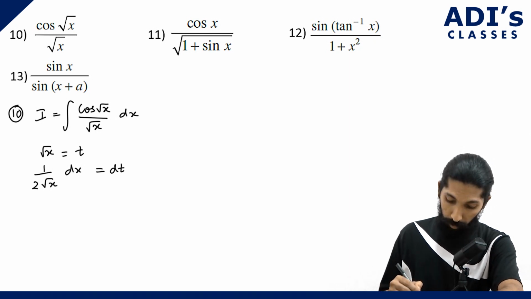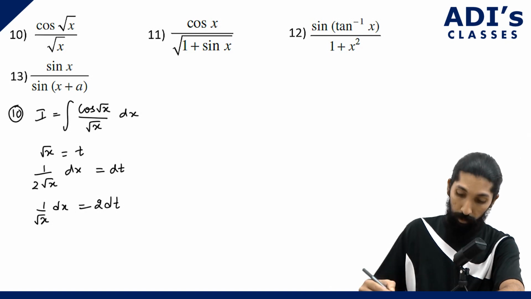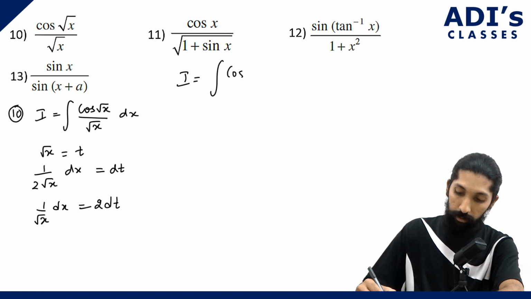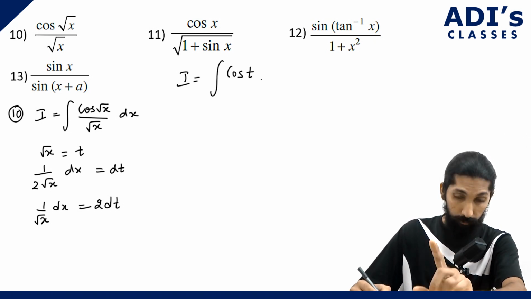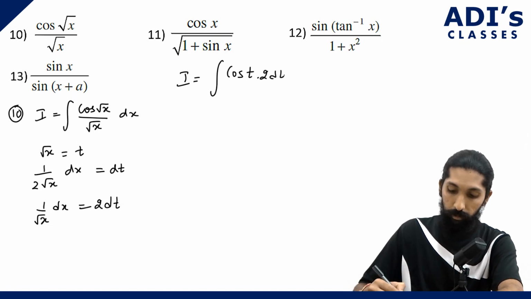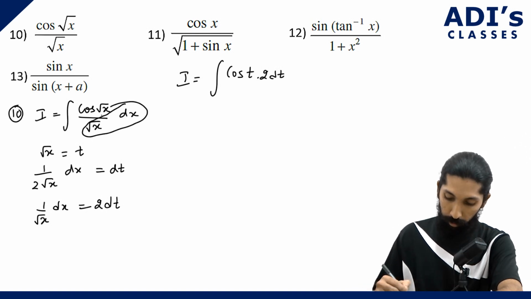So what do you get? 1 by root x dx will be equal to 2 dt, isn't it? So you'll get I is equal to integral of cos t into 2 dt, correct? Because this dx by root x is nothing but 2 dt.